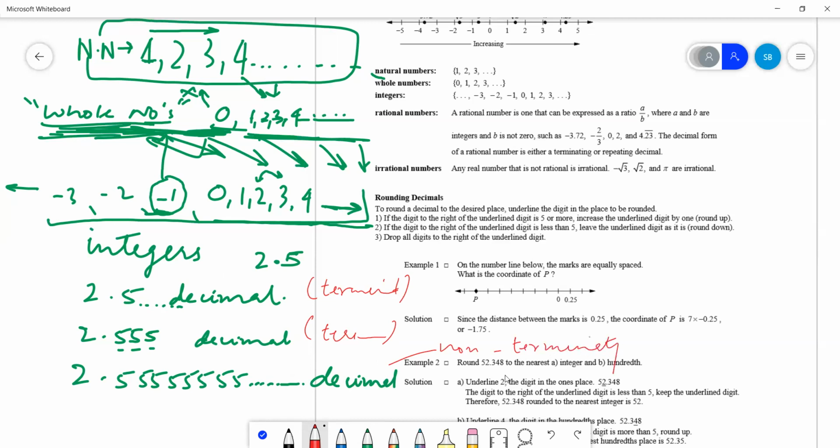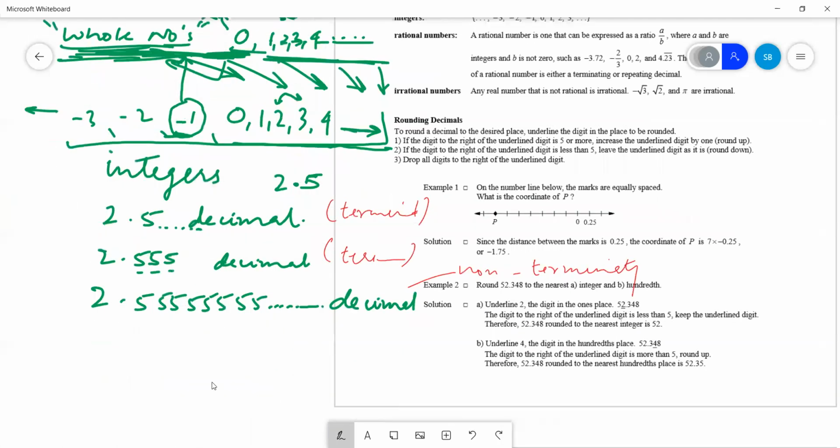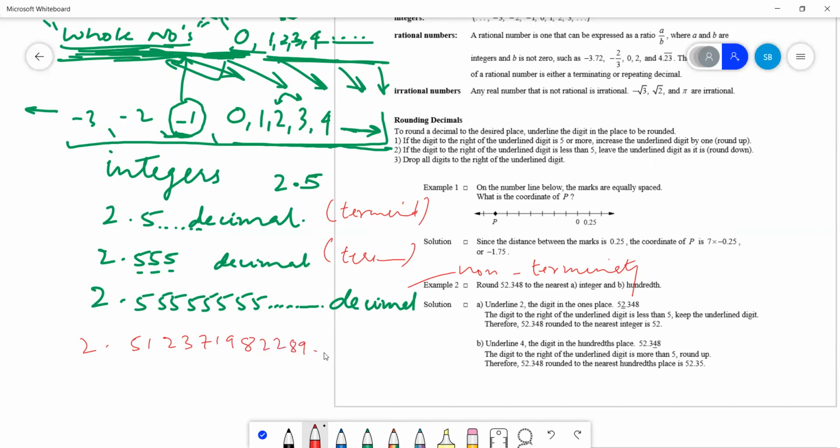And we have one more type of decimal, like 2.5123719822289. Random numbers after the decimal, but not getting stopped.